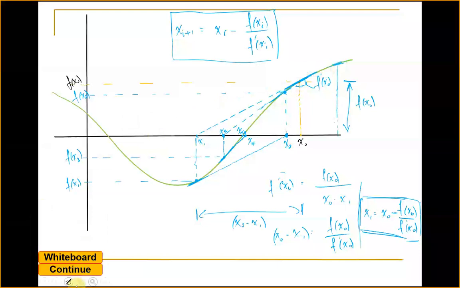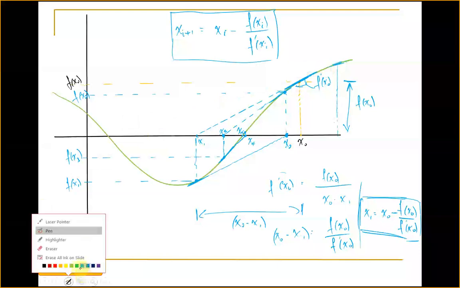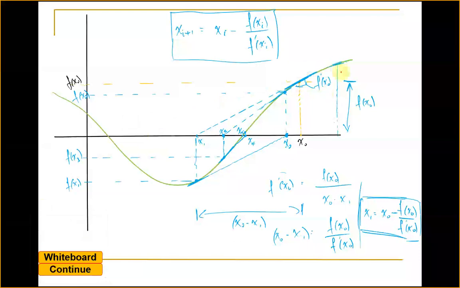My first guess, let me change color also, so you're not confused with the other items. No, I don't want to use that color. Let's use red. So my first guess would have thrown me here. Everybody see that?